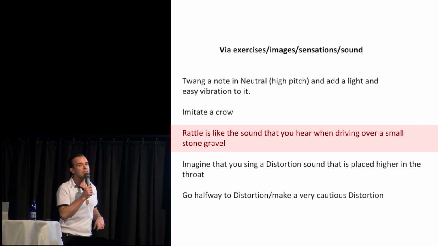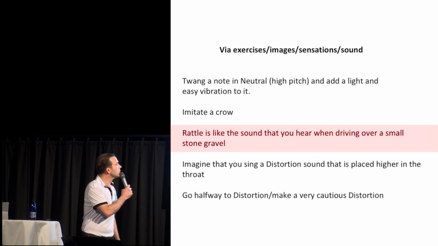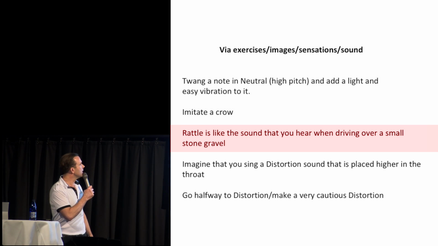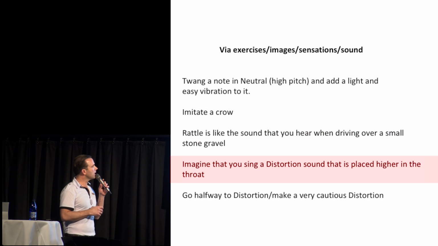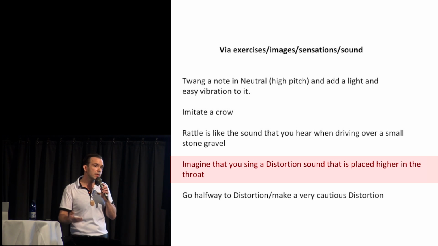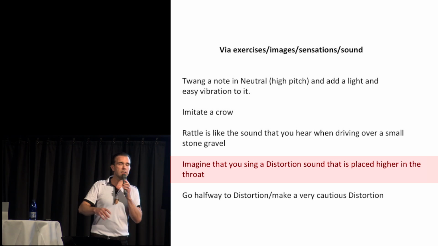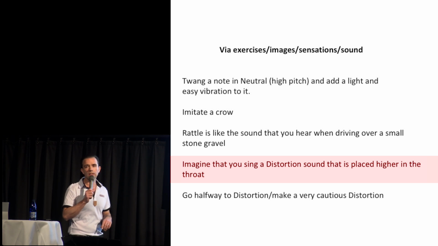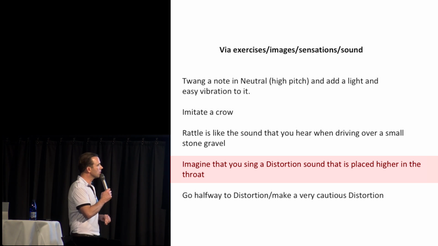Rattle is like the sound you hear when driving over small stone gravel. An image of that: we can imagine that we sing a distortion sound that is placed higher in the throat, which is actually pretty accurate, as the rattle is happening at level 3 and the distortion at level 2, the ventricular fold level.